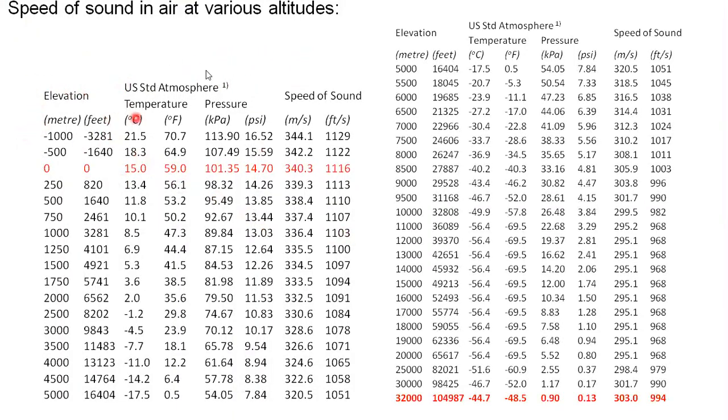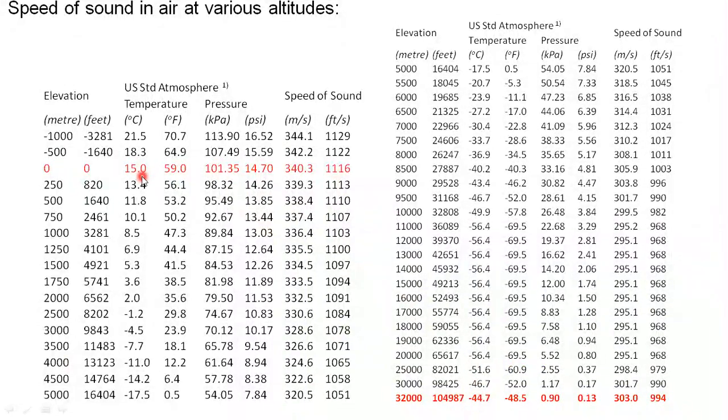So this table represents the properties of air. Here the elevations are given. First column is for elevation. So 0 is our sea level, and as you go higher, the density will decrease. Here we have 32,000 meters of elevation. So you can see here the temperatures are reducing, and it is around minus 44 degrees Celsius.